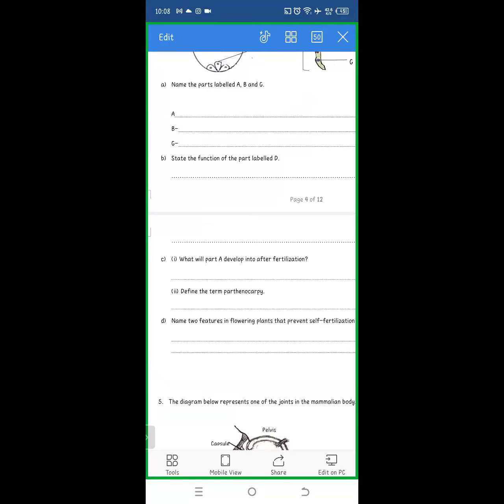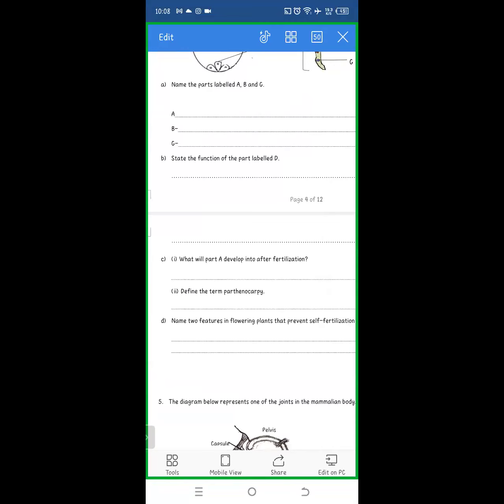How do you define the term parthenocarpy? This is the growth of fruits without fertilization taking place. So we use the term development. It is the development of a fruit without fertilization, or fruit formation without fertilization.